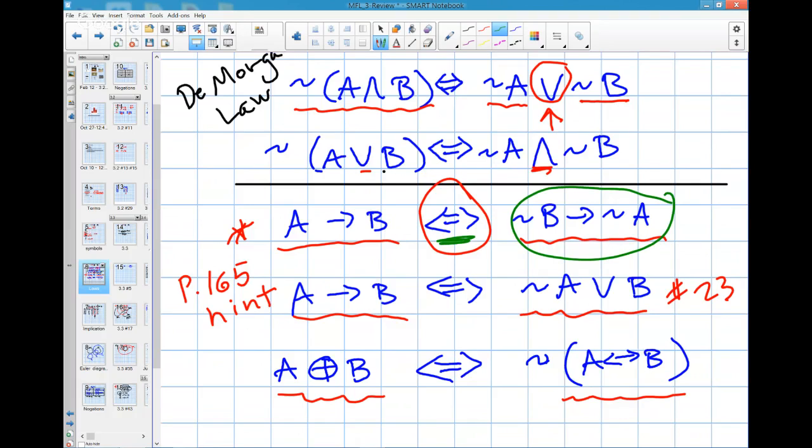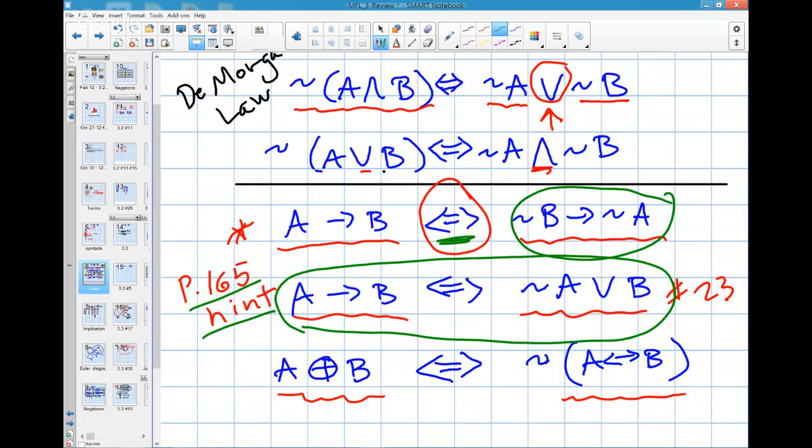Then this is from that hint. The second one was from that hint on page 165. And what's cool about it is it allows you to change an or statement into an if-then statement. So when you want to get a chain reaction, you need to have all if-thens. Yeah, exactly. And then this one down here, remember, this symbol was not in the book, this circle with a cross in it, the exclusive or.